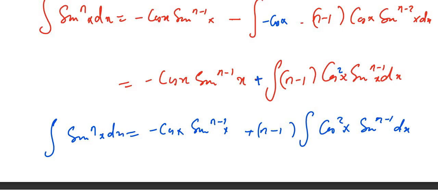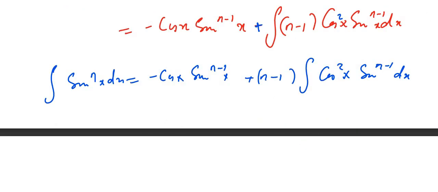Then from here we can take this part, because the n is going to affect everything. We can expand this part. The main reason why we can expand it is because we see that the cos squared here can be replaced with 1 minus sine squared, that identity for sine.